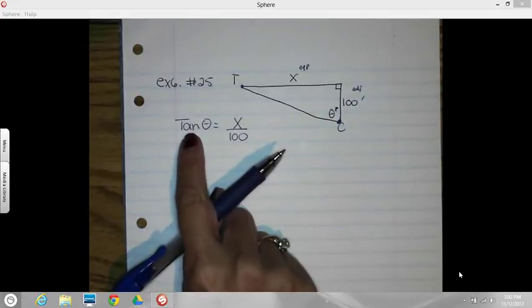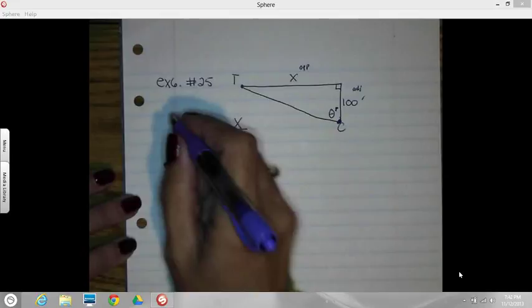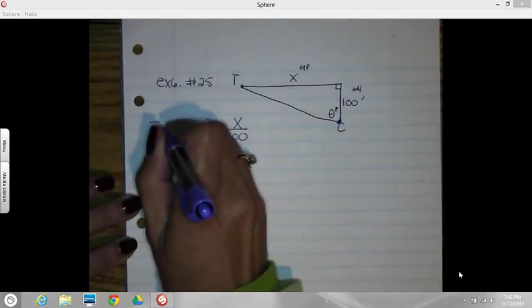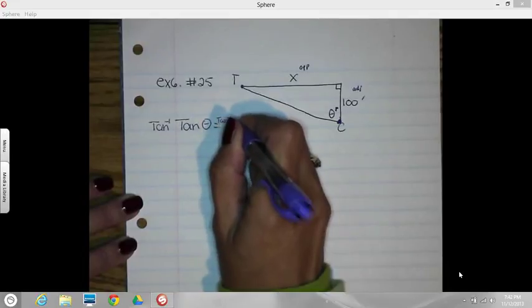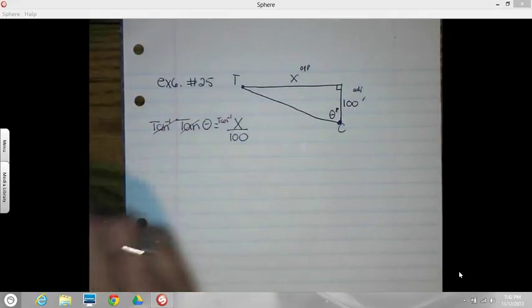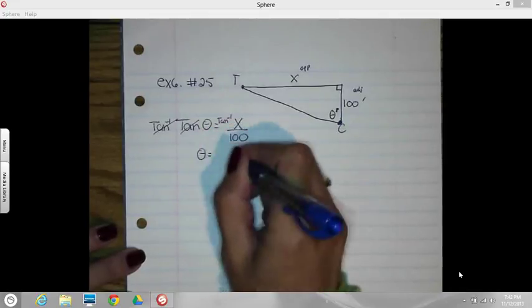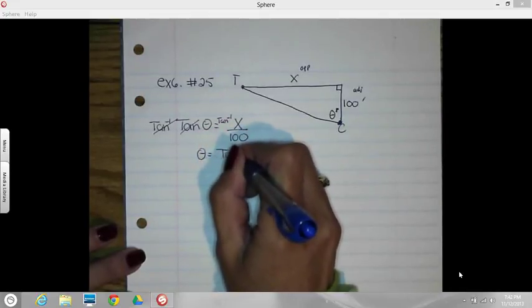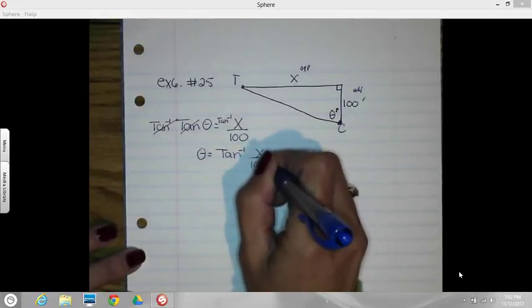The way I do that is I do the inverse tangent on both sides. So the inverse tangent on both sides lets those cancel. So theta equals the inverse tangent of x over 100. That's part A.